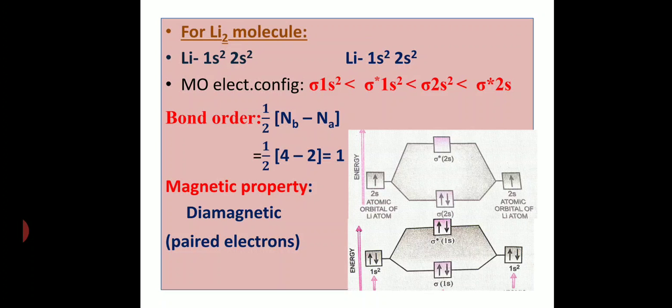So for the molecule, the total number of electrons is 3 plus 3, 6. So 1s2 will form sigma 1s2, sigma star 1s2. Now 2s1 has only one electron, so it will form sigma 2s2, but sigma star 2s will be empty, right?